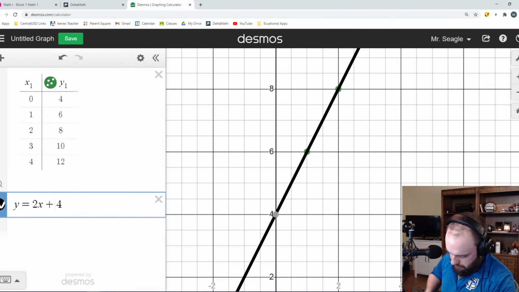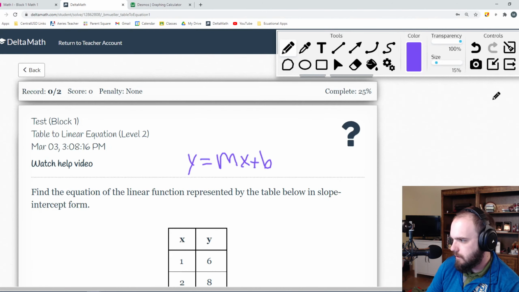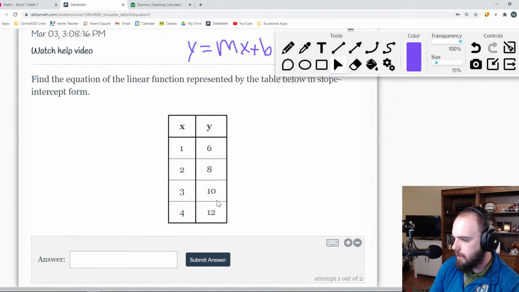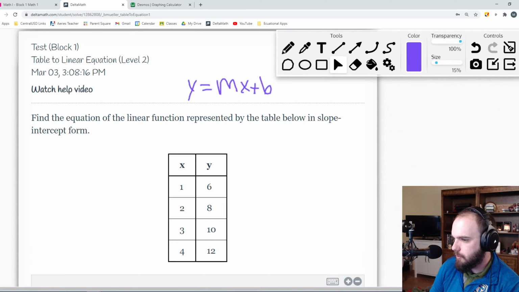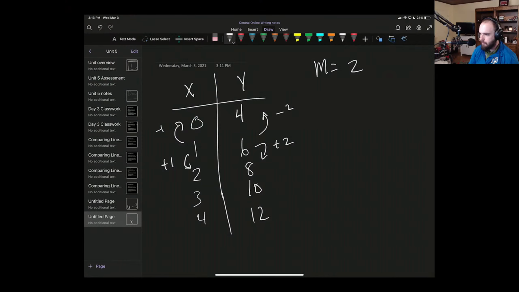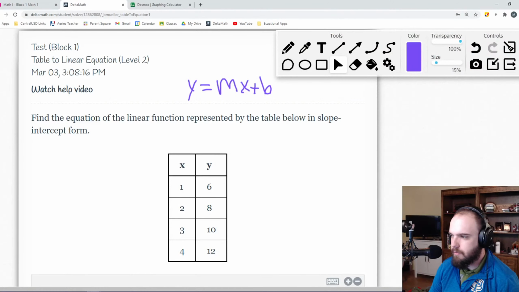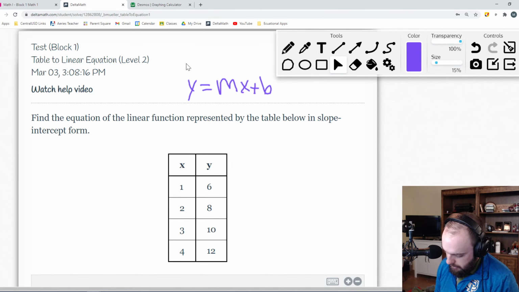All right. So that's how you do those types of problems, right? So what we need to do is we just need to write the equation, right? So we just want to find the equation. So we had our slope. We said our y-intercept was 4. So it's going to look like y equals 2x plus 4.